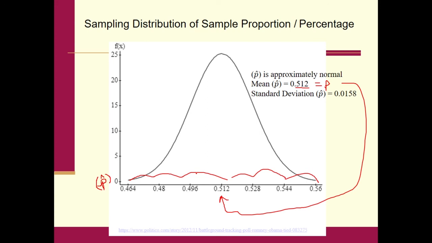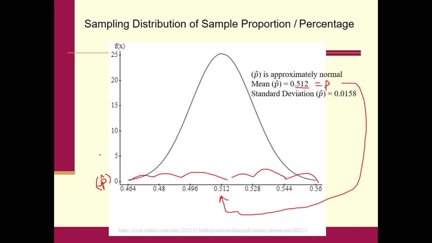When they sampled the percentage of people that were going to vote for Obama that year in his reelection, they probably got a lot of their samples to come out right around 51.2%. Why? Because that's where most of them are located.